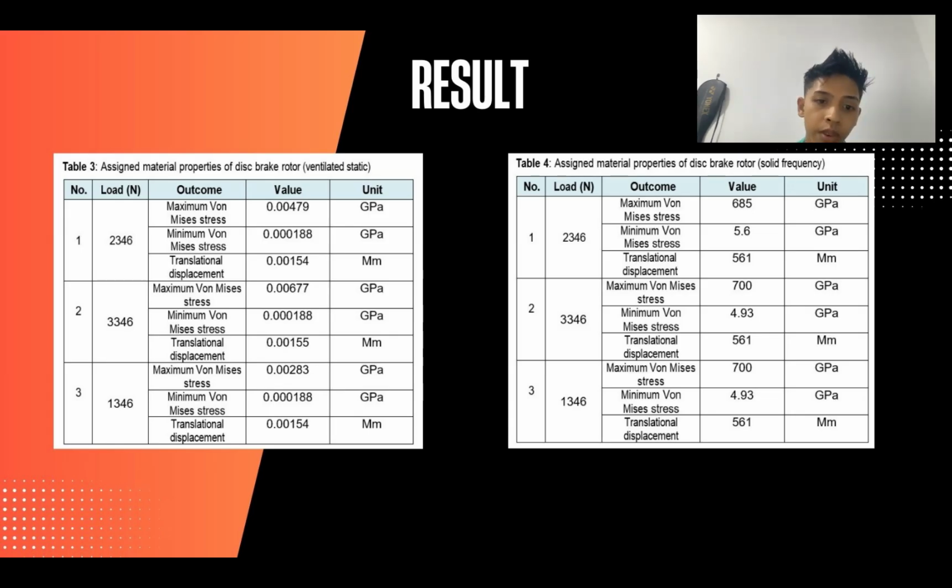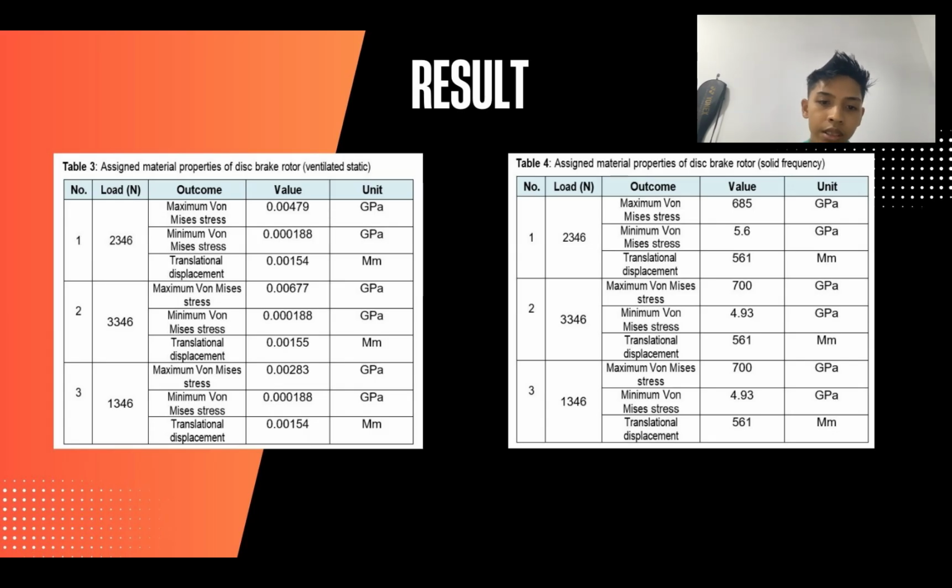Next, table 4 is assigned material properties of this brake rotor for solid frequency. Number 1, for load 2346, maximum von Mises stress is 685 gigapascal. For minimum von Mises stress 5.6 gigapascal, and last translational displacement 561 millimeter.